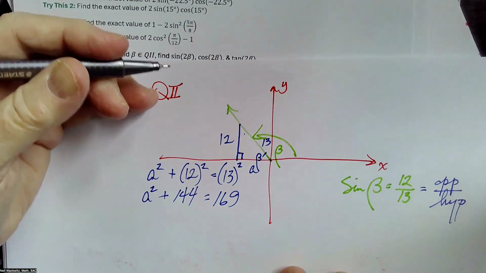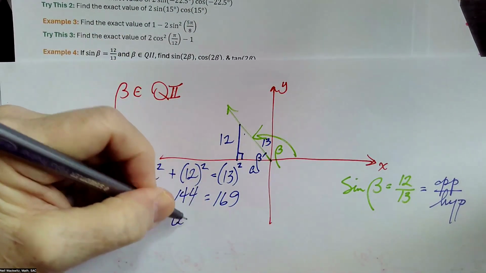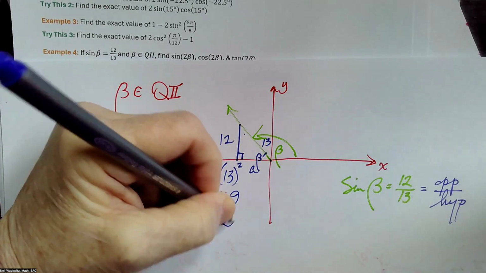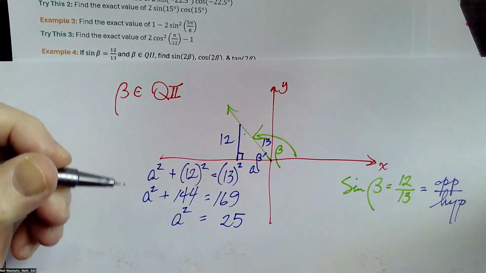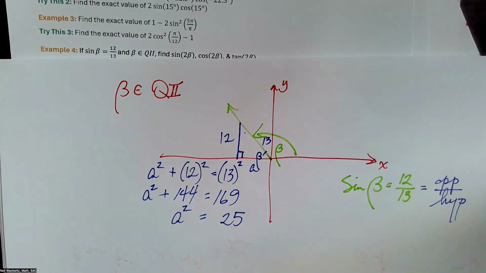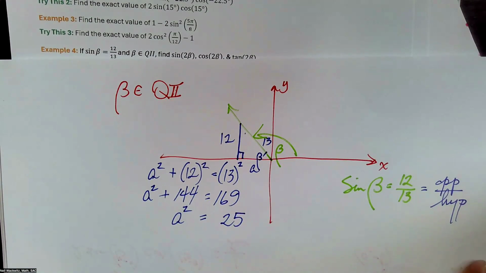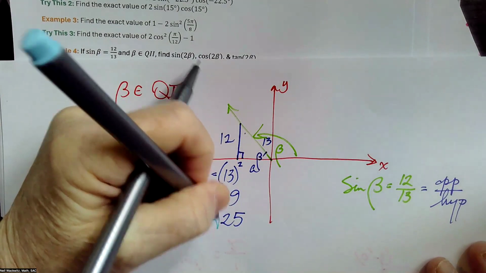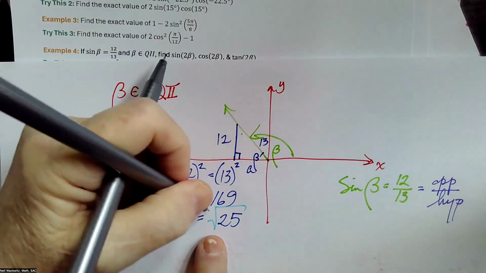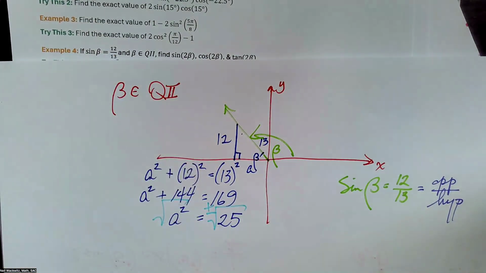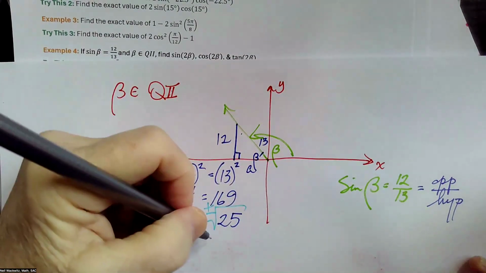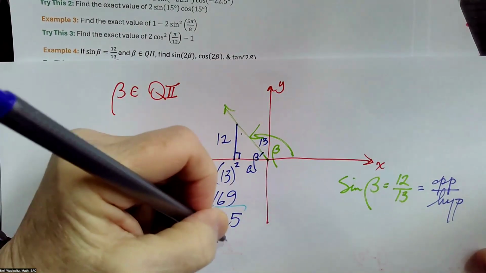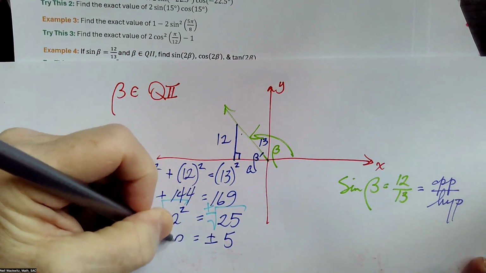And we'll subtract 144 from both sides. We get that A squared is 25. What do we need to do to find A? Good. We're going to take the square root of both sides and put in a plus or minus. So we get plus or minus 5 equals A.